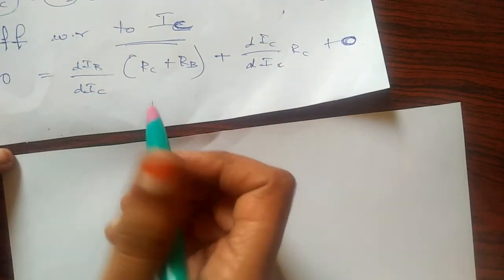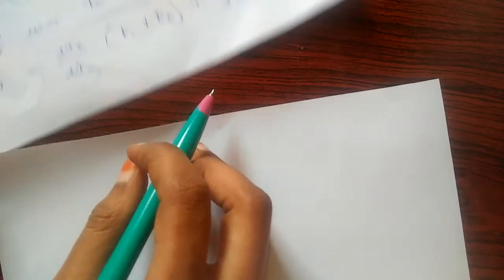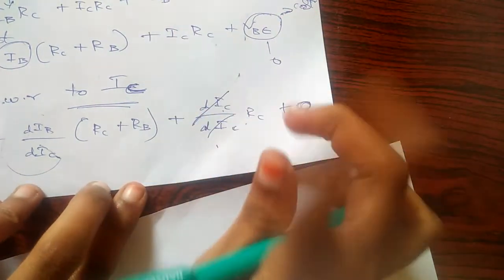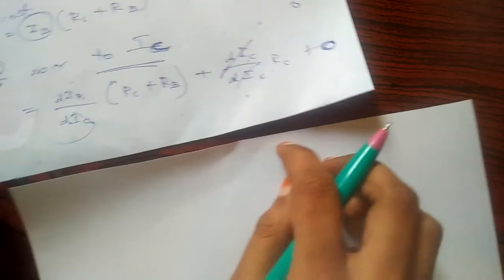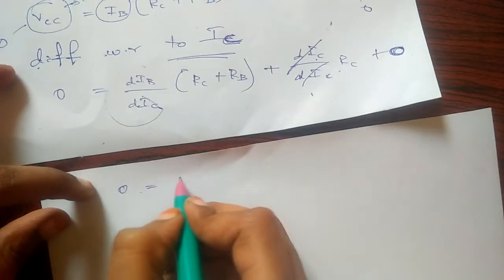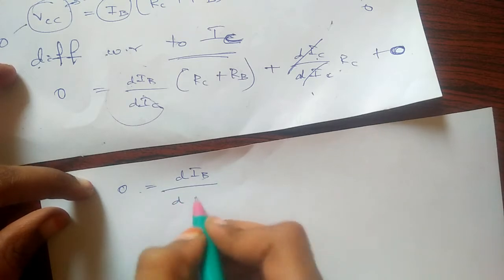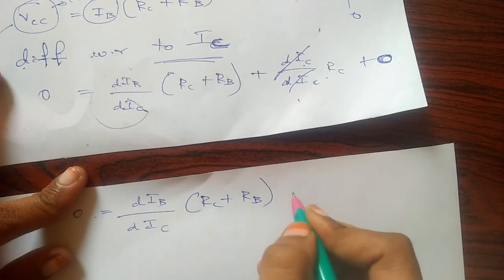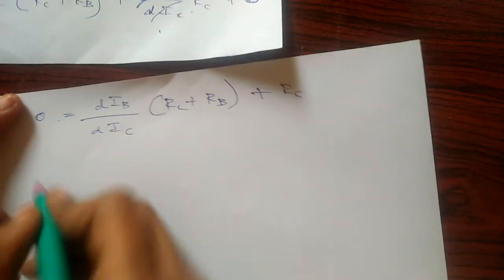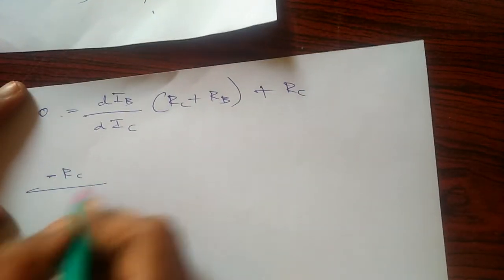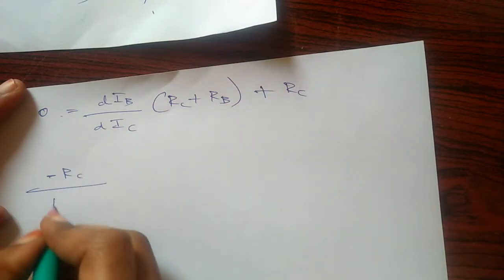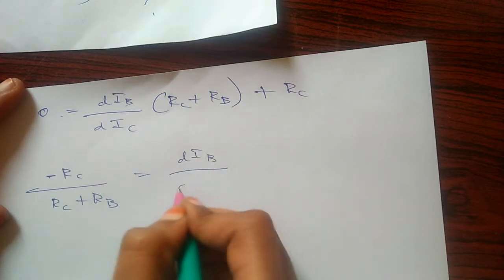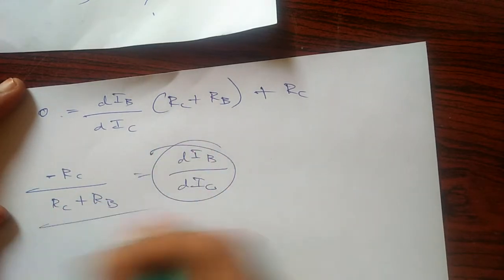We want to know here what is dIB by dIC. dIC by dIC is cancelled and is 1, so 1 into something is something. So 0 is equal to dIB by dIC into (RC plus RB) plus RC. So we have minus RC by (RC plus RB) will be dIB by dIC. We got the value of dIB by dIC.